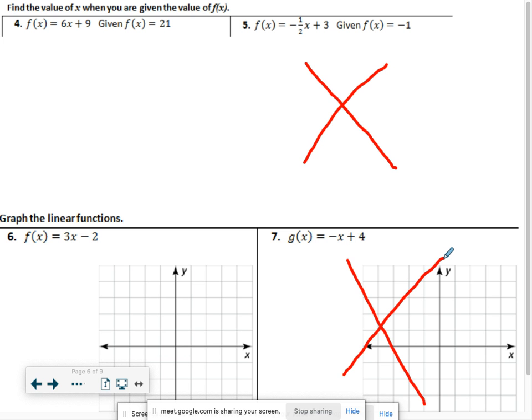So remember on 4, you're looking for what x is for it to equal 21. So you're going to put 21 equal to 6x plus 9 and solve for x. That's what you want to do. You guys get a head start and then I'll join you.